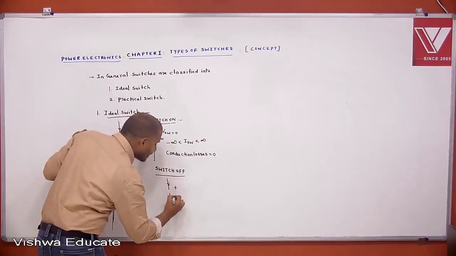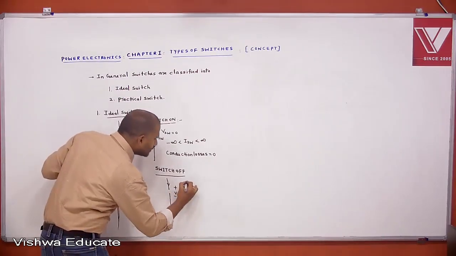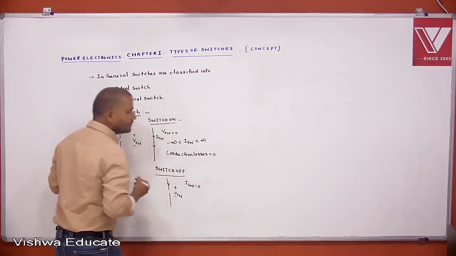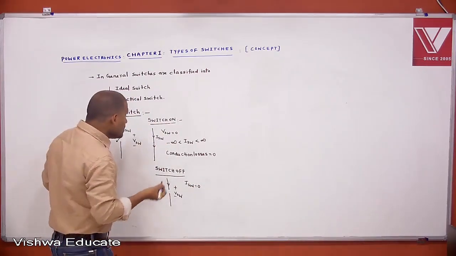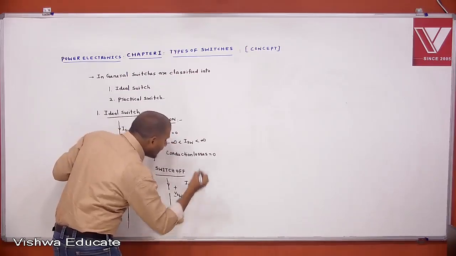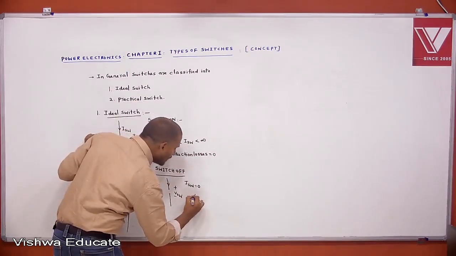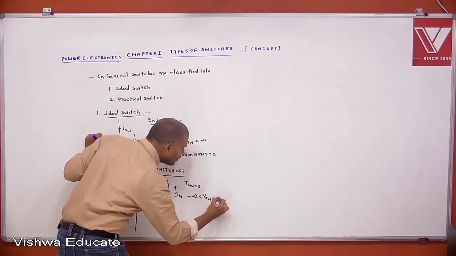This is the voltage across the switch. If the switch is in off state, what is the current through the switch? Then what is the voltage across the switch? It is an ideal switch now. It blocks any voltage from minus infinity to plus infinity.